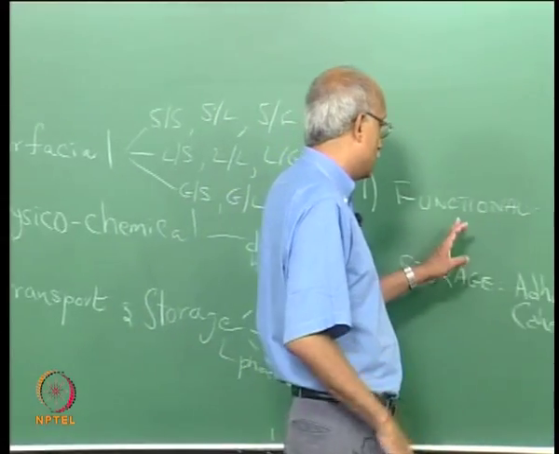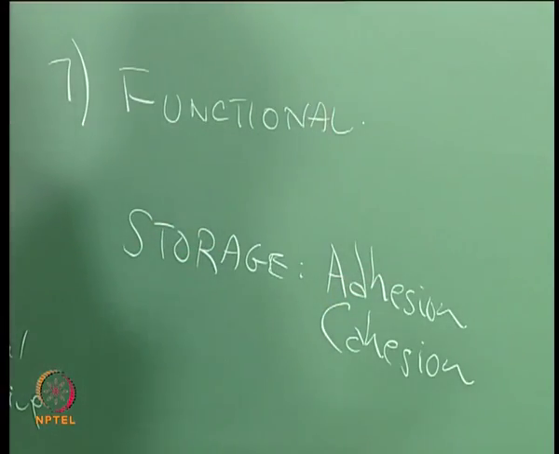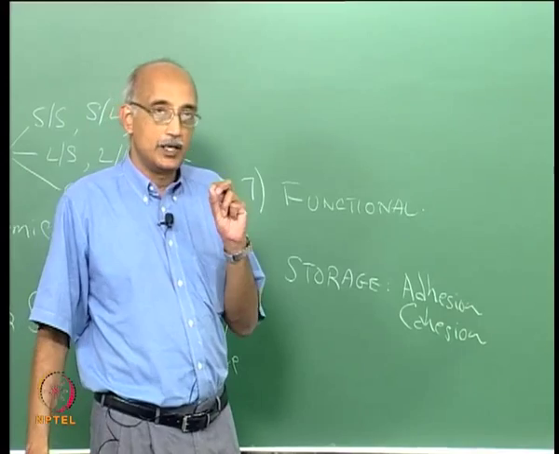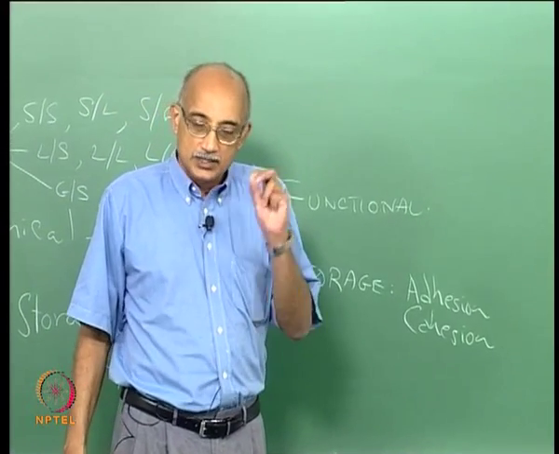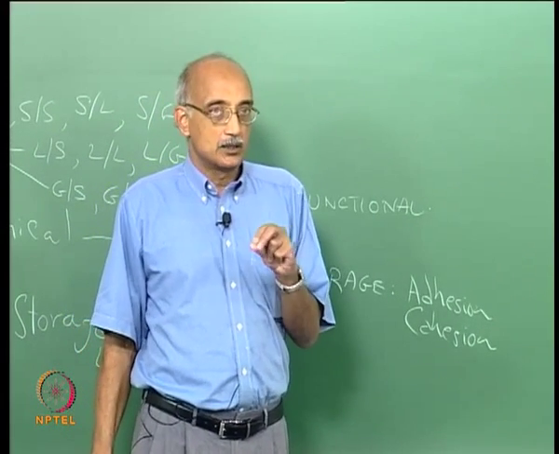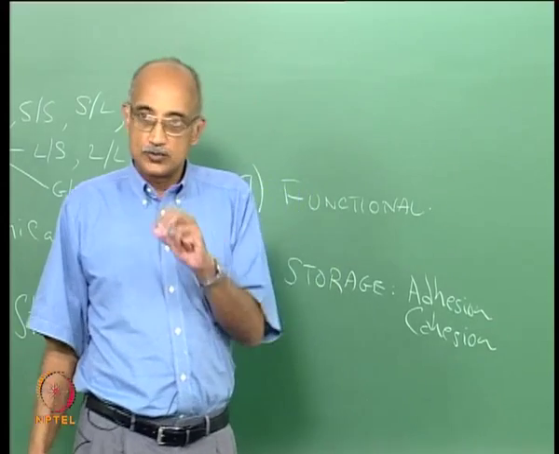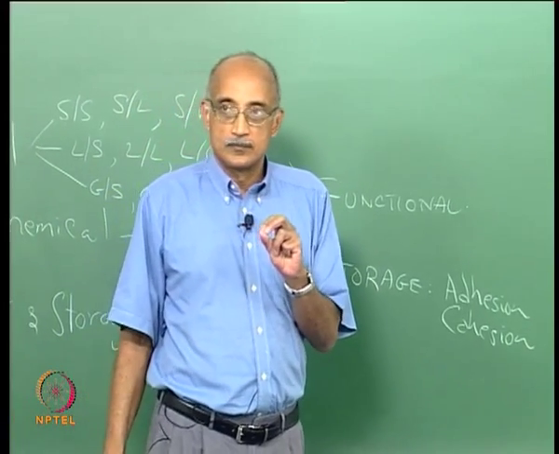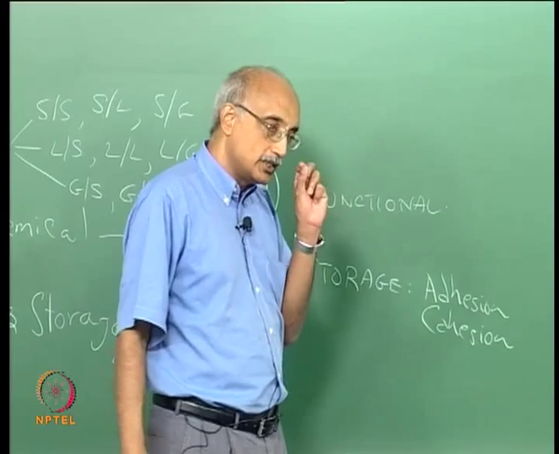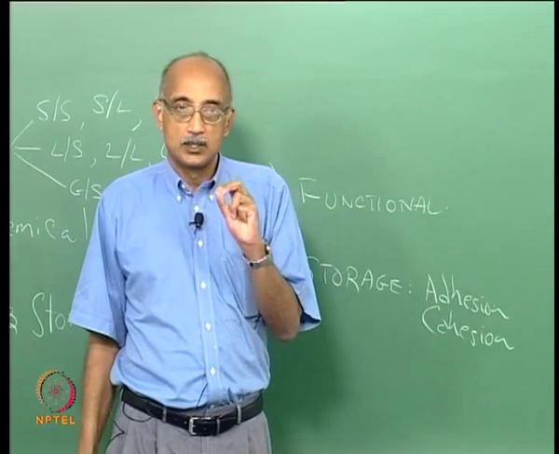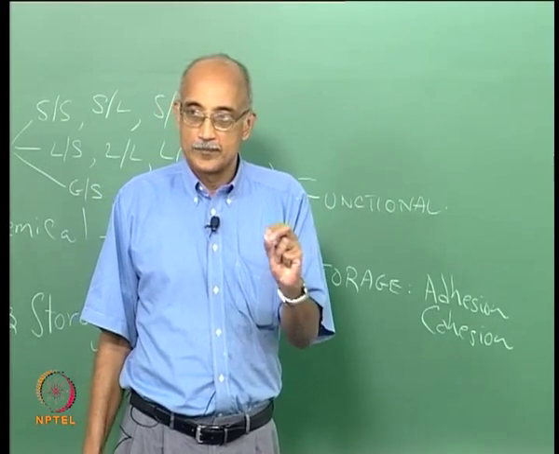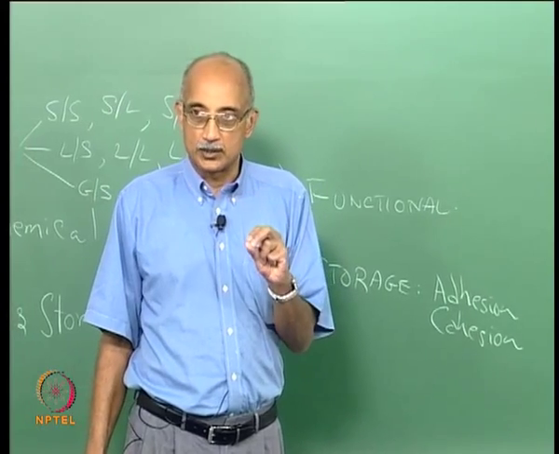But ultimately, the characterization of a particle should have a link to its end use. And this again goes back to avoiding unnecessary or wasteful characterization. You want to characterize only those aspects that have a direct impact on the functioning of the product.